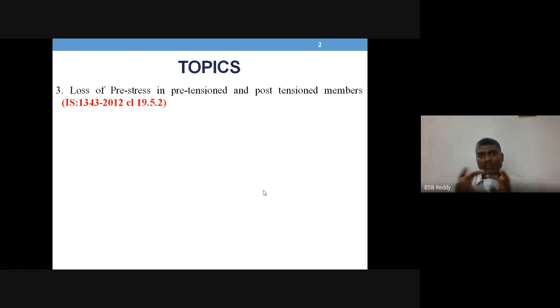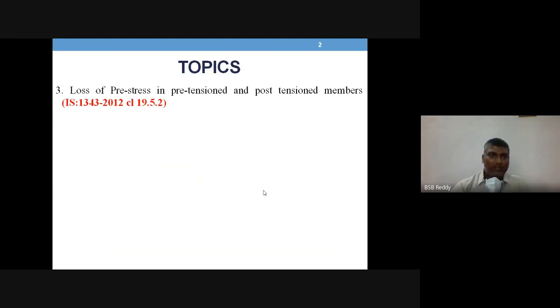So in this process, the final value available in concrete, whatever you have induced, 1,000 megapascal for example, is not going to be the same 1,000 in concrete. So we will have some loss in pre-stress. That is what is now to be discussed.